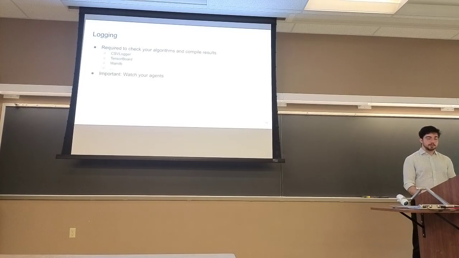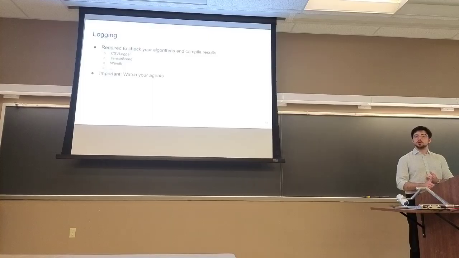Another thing about logging is that graphs are cool. Graphs tell us a lot, but not the entire story. You see an agent that performs okay, and you think, my agent's probably really good. But you put in a video, you watch your agent, and it's just bad. You wouldn't play like this.